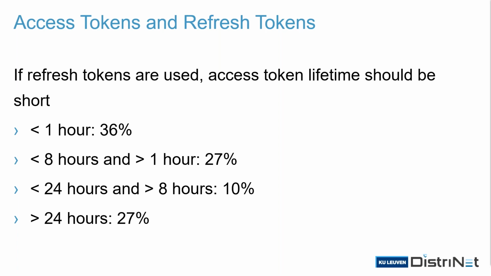About 1/3 of the access tokens are valid for less than an hour. Almost 3/4 of access tokens are valid for less than a day, but 27% of them are still valid for more than 1 day. In fact, we saw one access token that was valid for 20 years, and they even issued a refresh token with that. So I don't know if that was necessary, but yeah, you see crazy stuff.